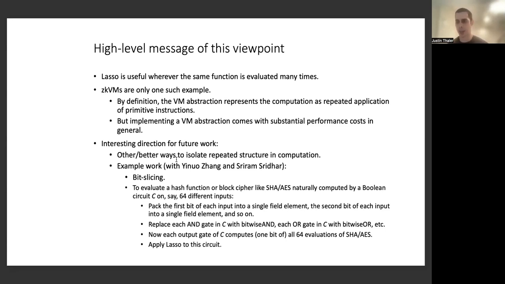Now each output gate, rather than computing 1 bit of one output, is computing 1 bit of all 64 outputs. And then of course you'd have to do the unpacking and repacking to get your bits all together. So this is just another way to leverage data parallelism, which Lasso is very well tailored for.